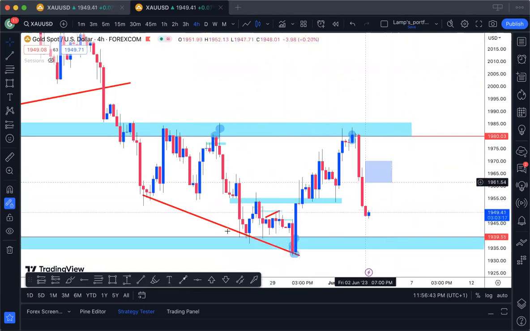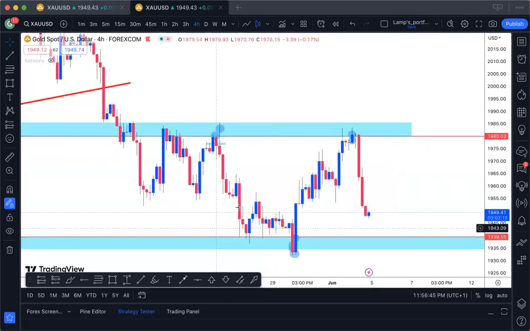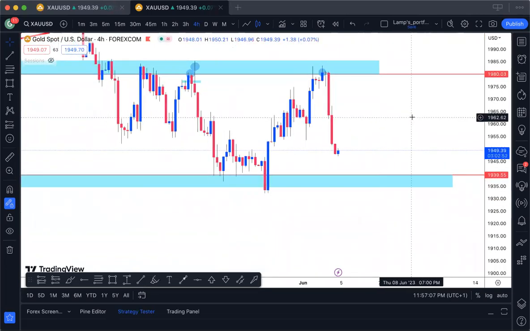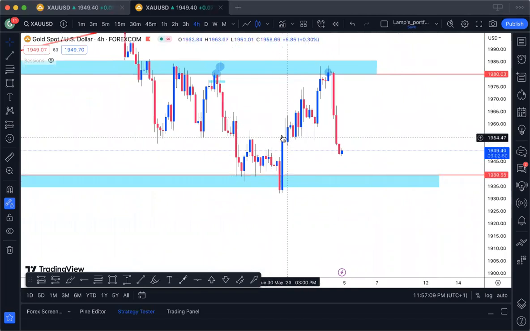Let me clear all this. Okay, so what I'm clearly seeing here, first of all, we have this engulfing candle sitting here, right?